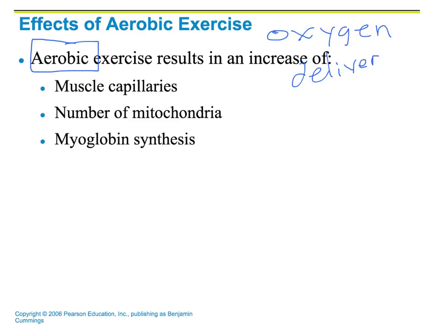So a lot of the training in aerobic exercise is going to result in increasing the efficiency of oxygen delivery. So more capillaries, which is going to bring more oxygen to the site, more mitochondria, which can burn that oxygen, and more myoglobin, which carries the oxygen.